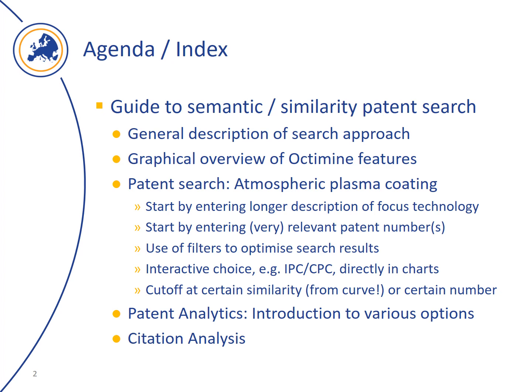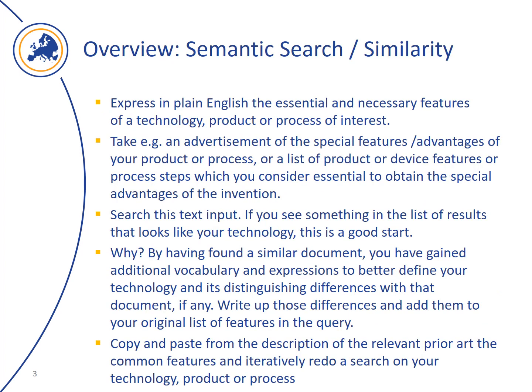So in the following, I would like to give an overview of the semantic search and similarity search. As I said before, one starting point can be to express in plain English the essential and necessary features of a technology, of a product or process of interest.